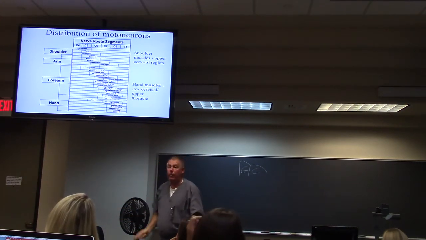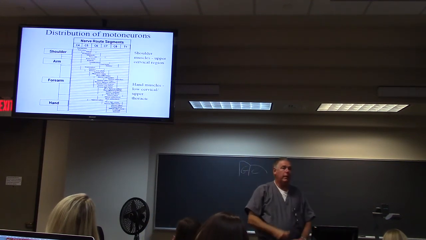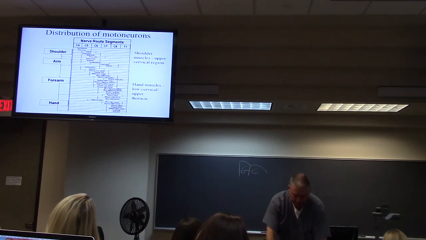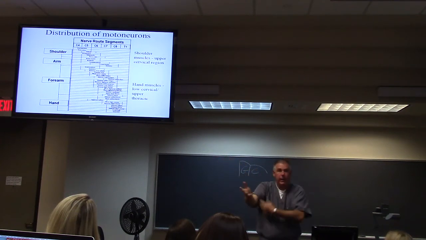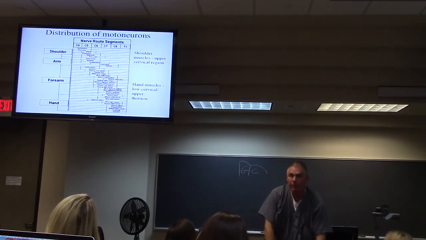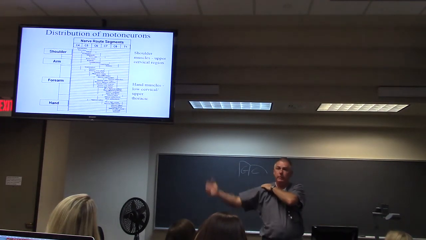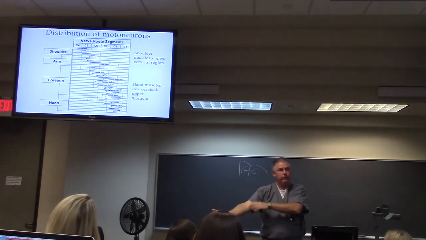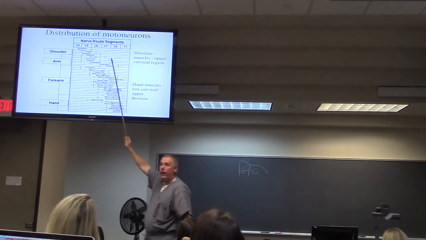So it's essentially C4, 5, 6, 7, 8, T1, and whatever muscles are underneath there. C4, what do you think C4 gets? Deltoid. C5, what gets C5? Oh, biceps. Look at the chart. Am I right? Of course I'm right.